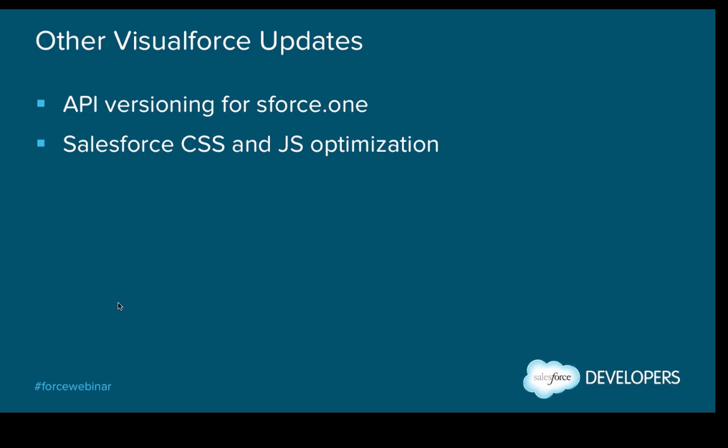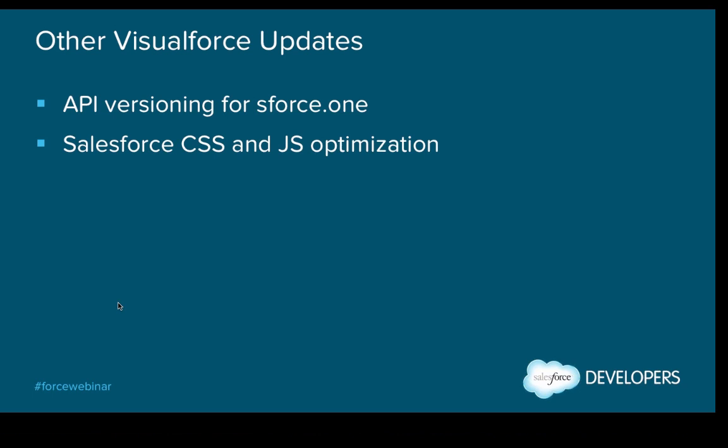And then the second one, kind of like the PDF engine, I really like features that as a developer I don't actually have to do any work to get the benefit of them. And this is one of those. We are going to start optimizing the Salesforce CSS and JavaScript. So if you have a Visualforce page which is already using the standard style sheets, it uses header equals true, standard style sheets equals true, then you're going to already see some benefit with Summer 14, because we're going to start optimizing those files for you.